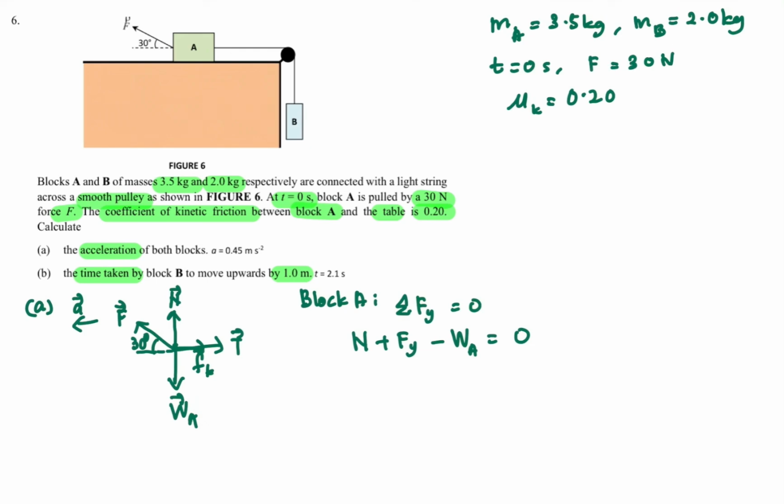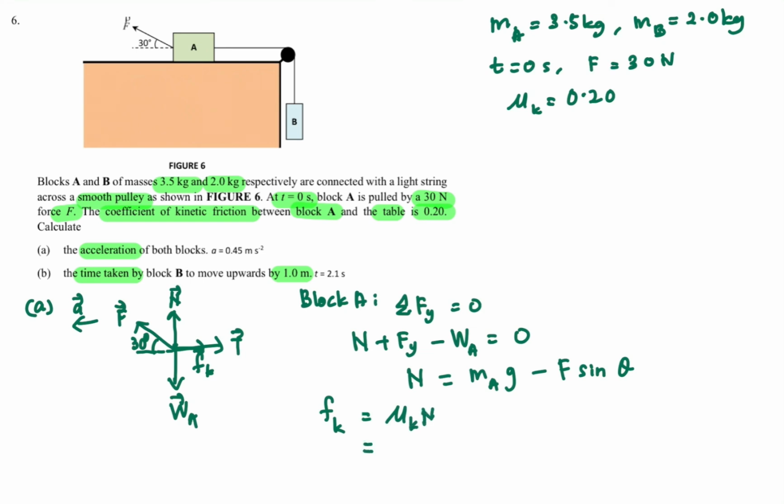So here N will be equal to mAg, the weight of A, minus F sine theta. Okay, and then you can find the kinetic frictional force, which is Fk equal to mu k N.